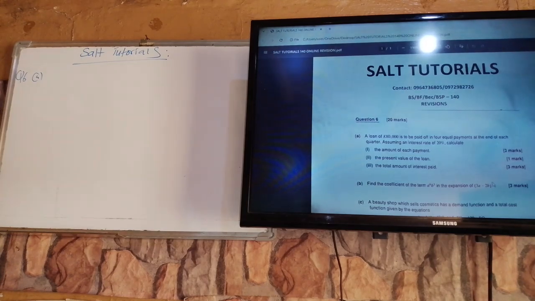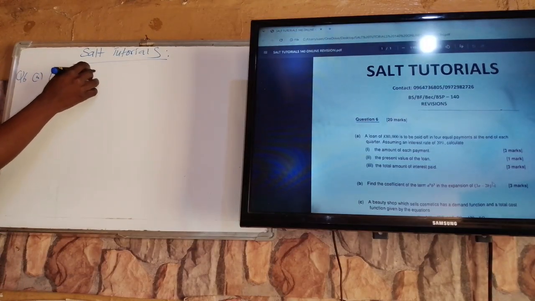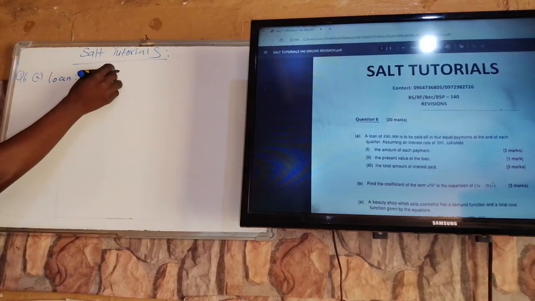We are being told that a loan of 80,000 is paid off in 4 equal payments at the end of each quarter. So we have a loan, and this loan is equivalent to 80,000.